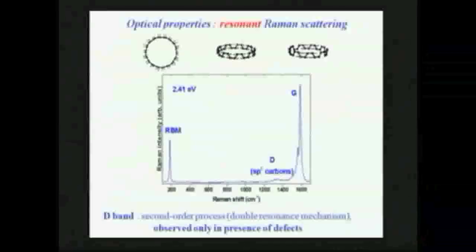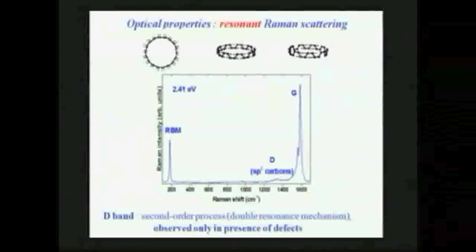So in multi-wall, I don't speak about double wall, because double walls are very interesting. They are not only interesting because they are also like model, but also because you can make lots of chemistry on them. And if you make chemistry on the outer shell, the inner shell is still intact. So double wall are very nice materials.